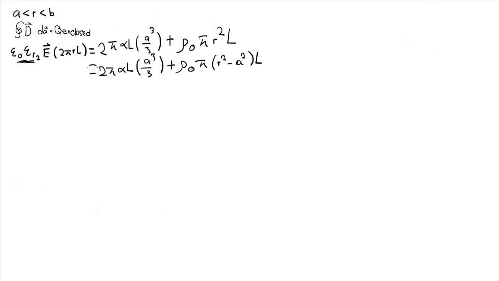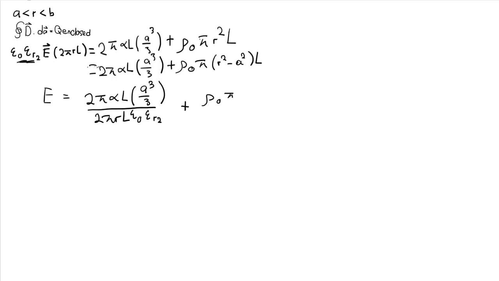So now to move all the terms to one side, we can write E is equal to 2 pi alpha L bracket a cubed over 3, putting that over this whole thing here, which would be 2 pi R L mu naught R2 plus rho naught pi R2 minus A2 multiplied by L, and that whole thing is over 2 pi R L mu naught R2, and this whole thing bracket R hat.